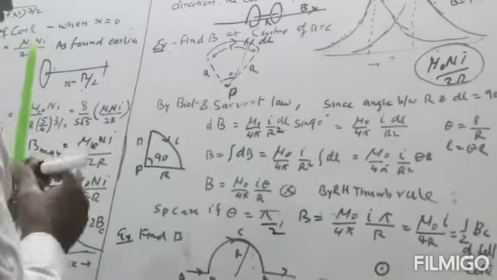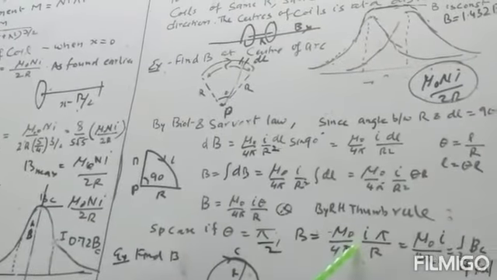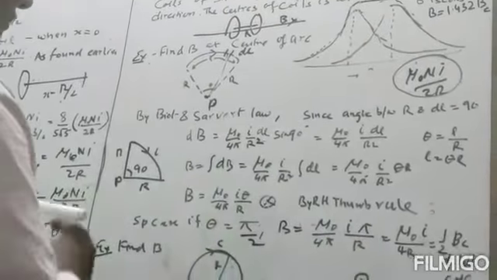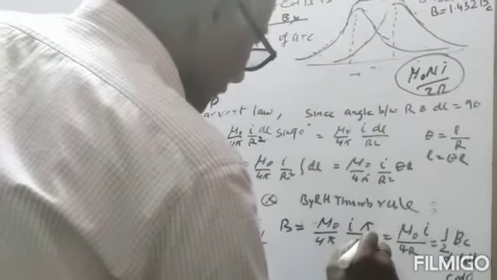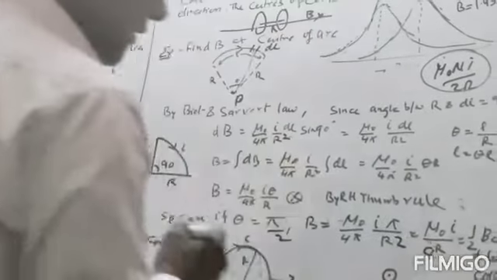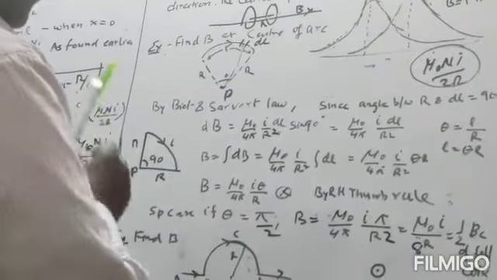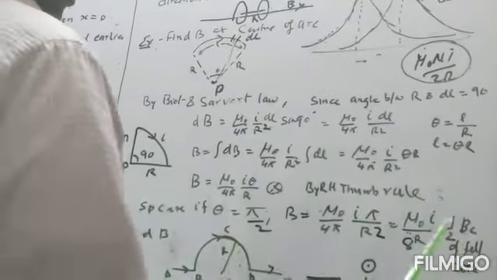So we put theta equal to pi by 2. Then B will be equal to μ0/4π · I/R times pi by 2. So this will be equal to μ0 I/8R.